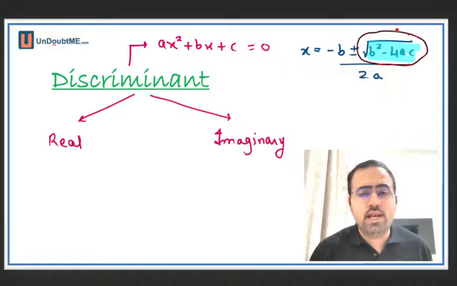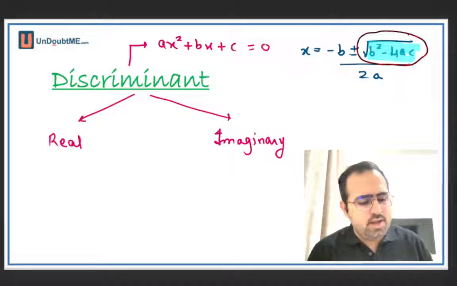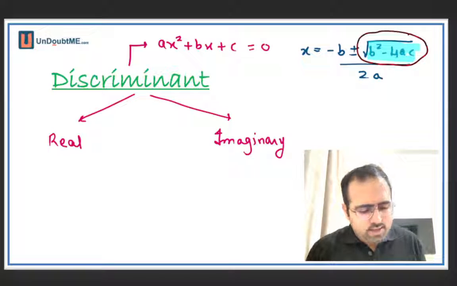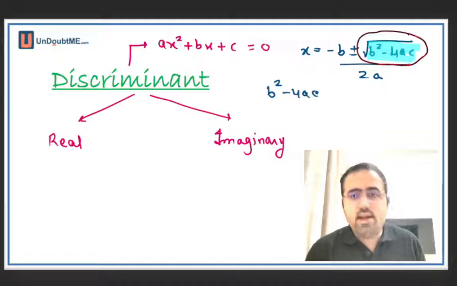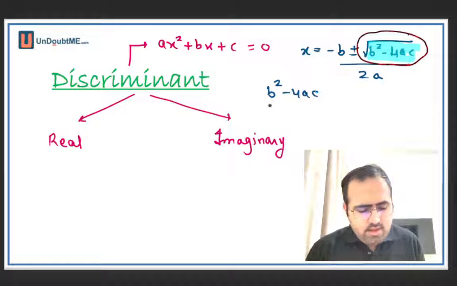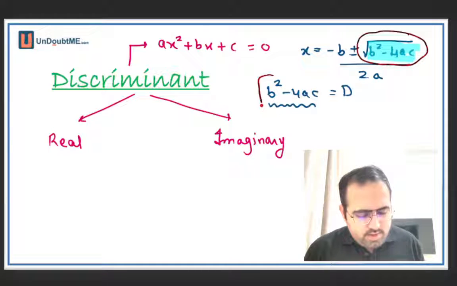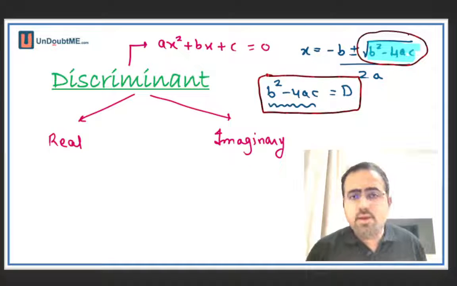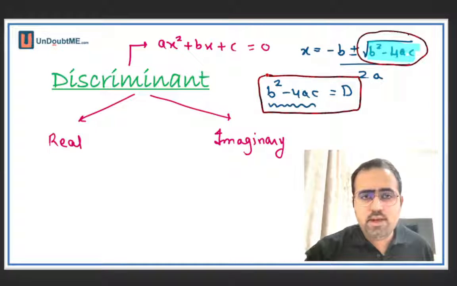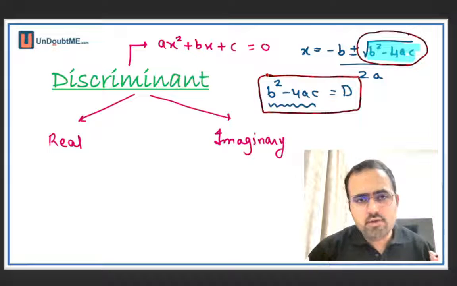Otherwise, we know that square roots of negative numbers are not defined. So I can say that this b square minus 4ac is the deciding factor, and this thing is called the discriminant. So it should be clear what the discriminant is and why it is called the discriminant, and it is b square minus 4ac.